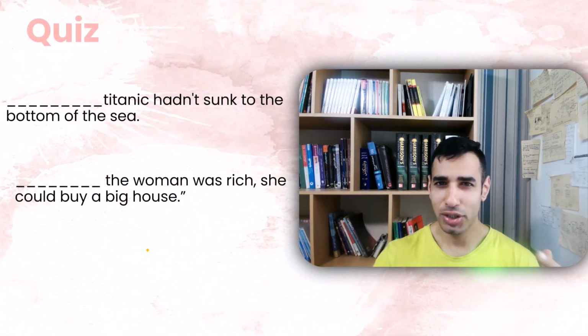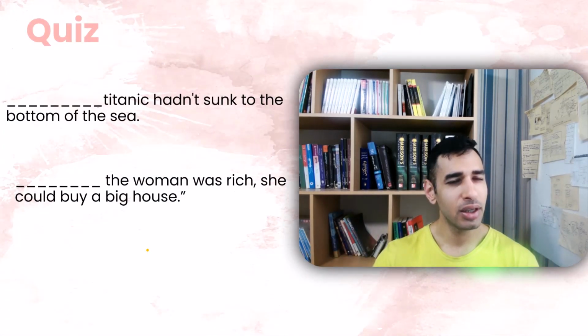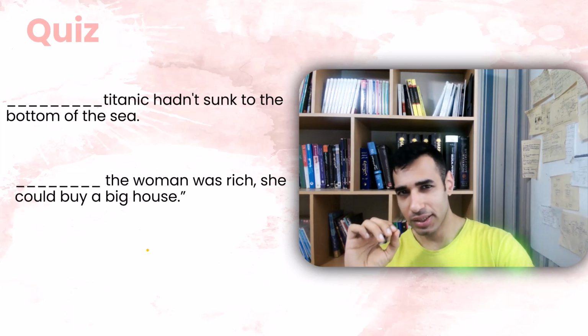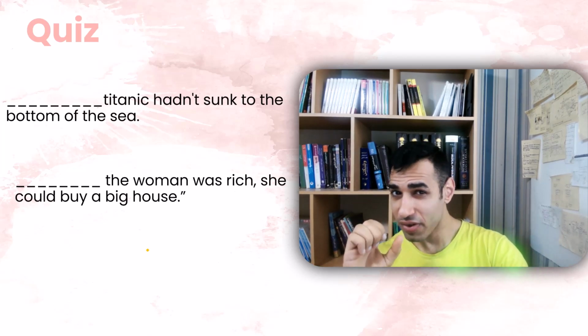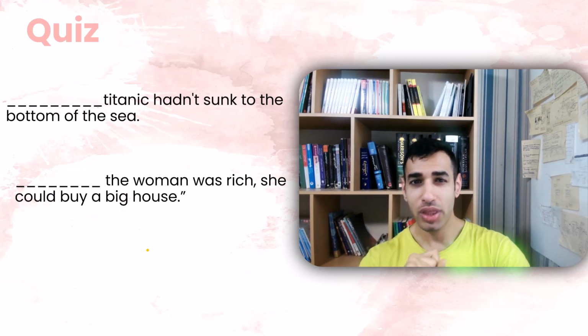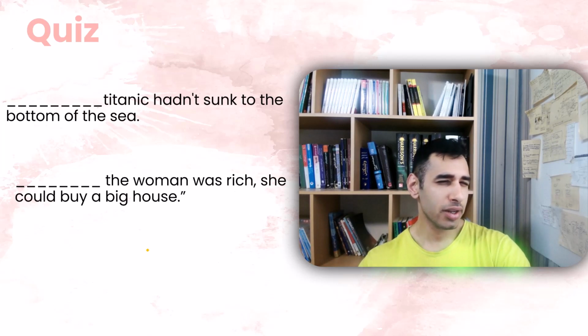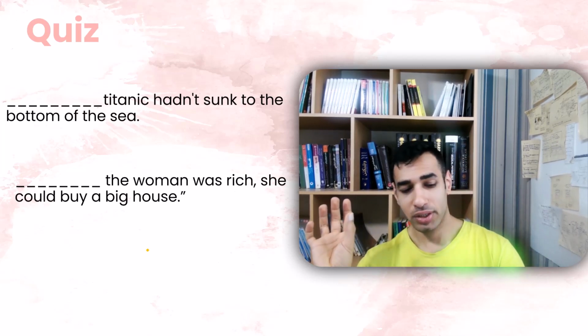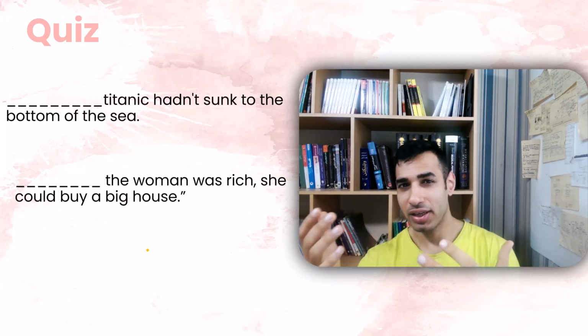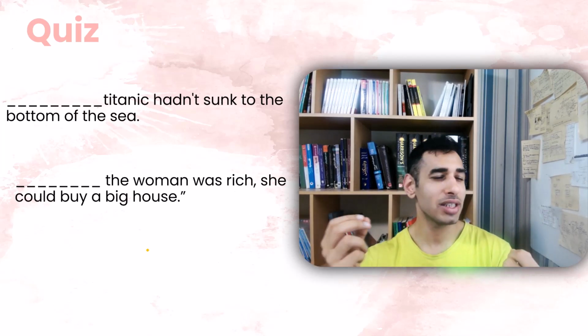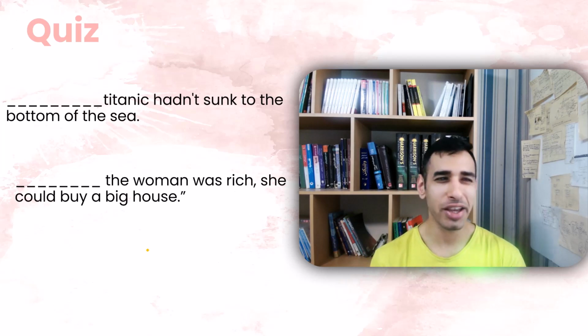And let's do a little quiz. Which one of these sentences starts with "only if," and which one starts with "if only"? First sentence: "Titanic hadn't sunk to the bottom of the sea." Well, we don't have any condition here, and this is a wish, a desire.